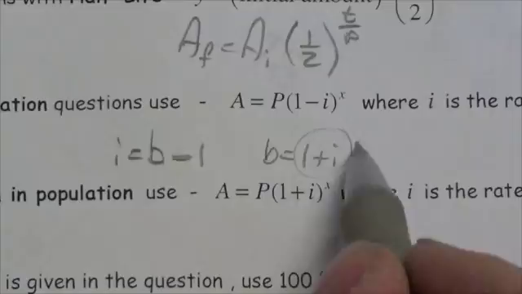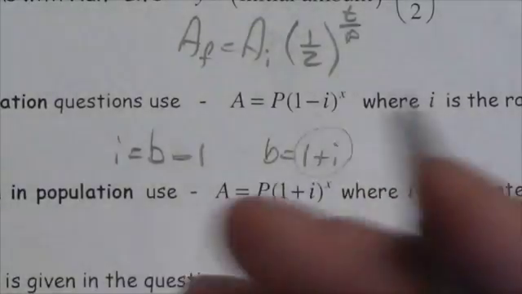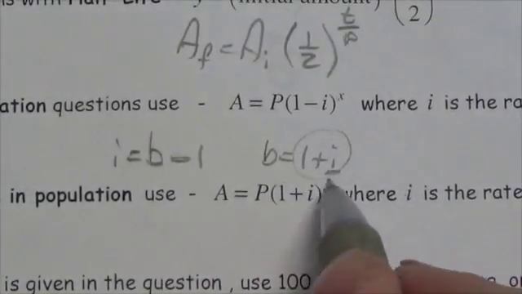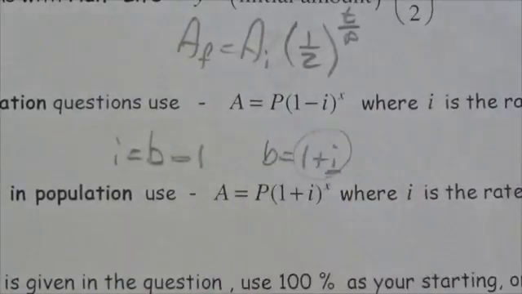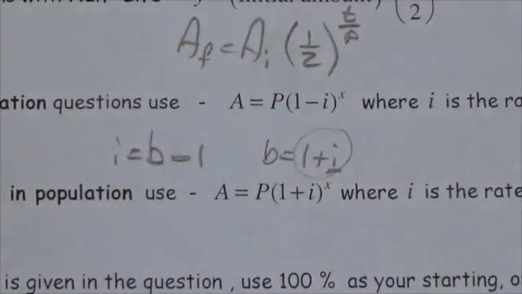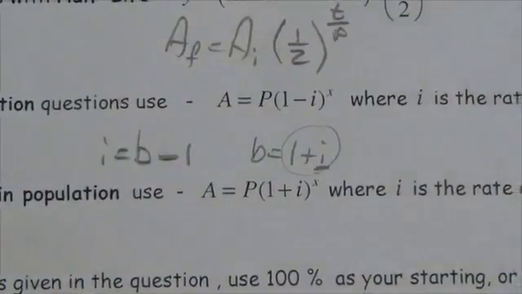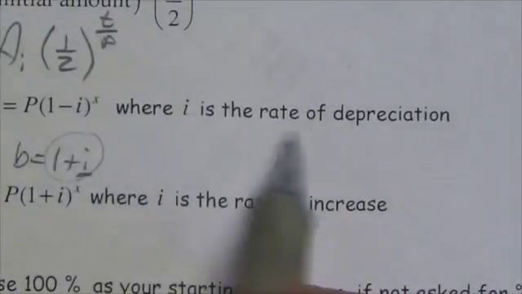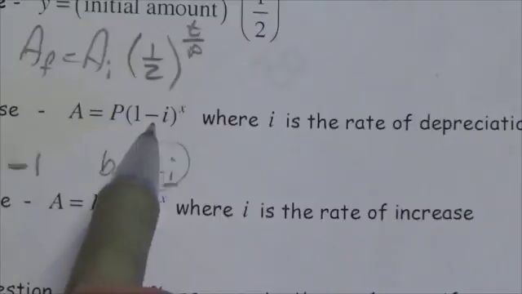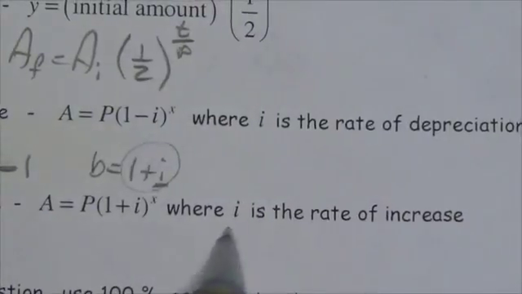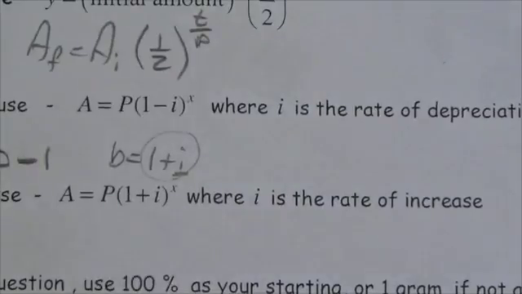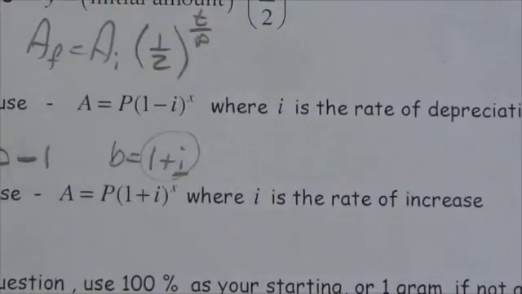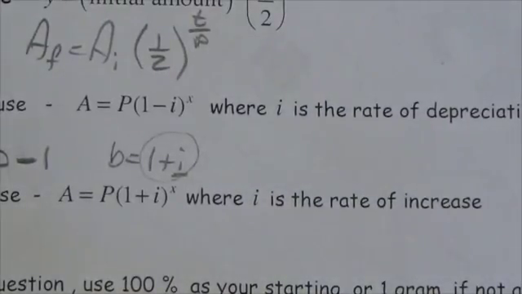It's just that now in our equation, we're being really specific about identifying that growth rate as opposed to the 100% that represents the total population here. So i in this case is the rate of depreciation, and we include the negative in the formula. Here i is the rate of appreciation or the rate of increase, and again we have a positive sign in there to indicate that it's greater than 100% here.